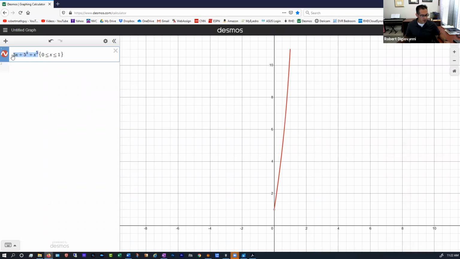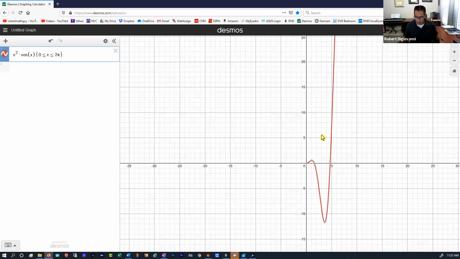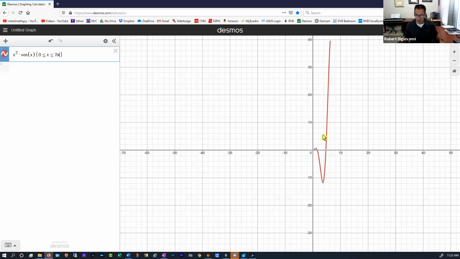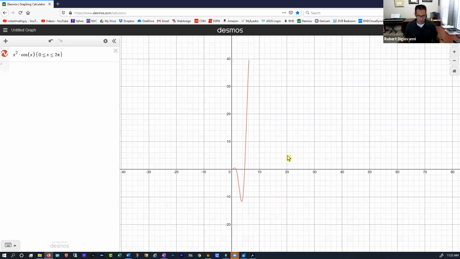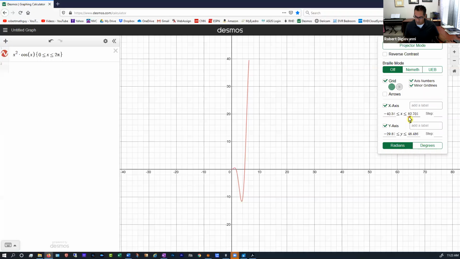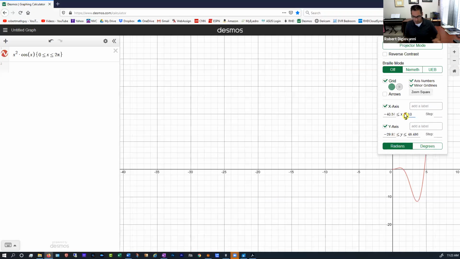It was x squared times cosine x, and we want that from 0 to 2 pi. There it is. There's the graph. All right, so what we're trying to find here, let me see what I can do here. Hold on a second. Let me change this to 10.